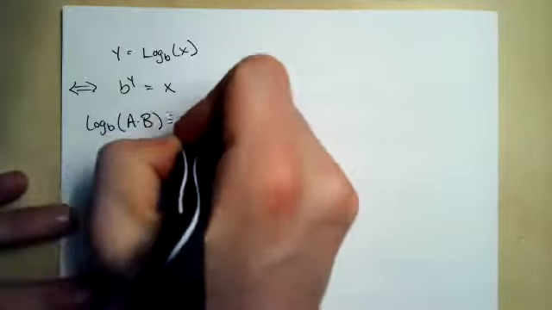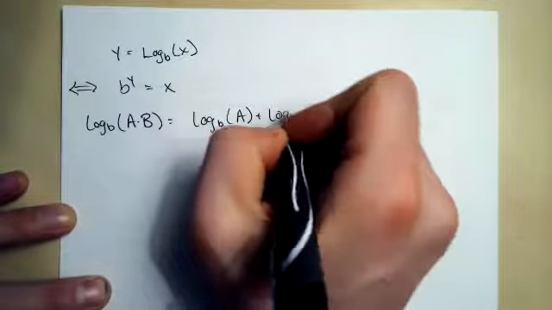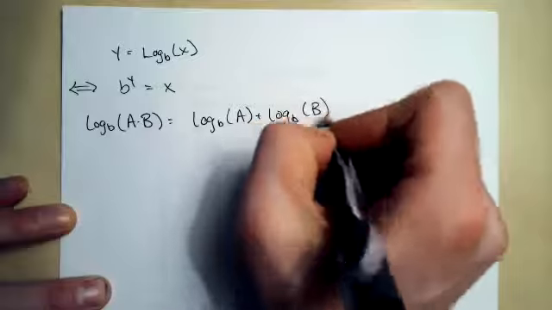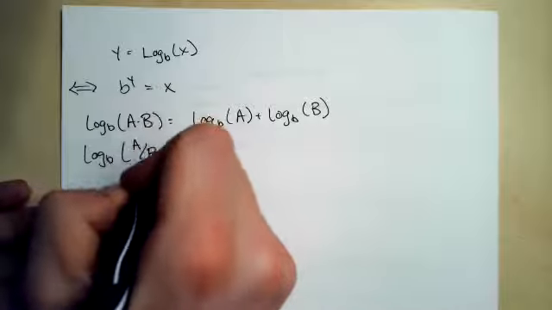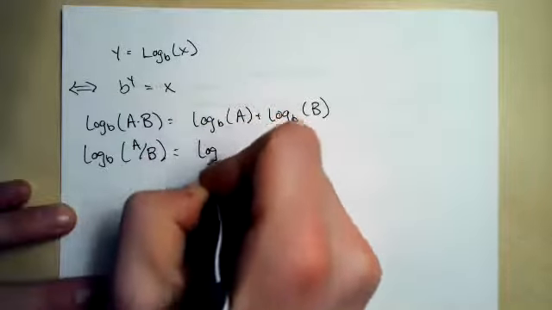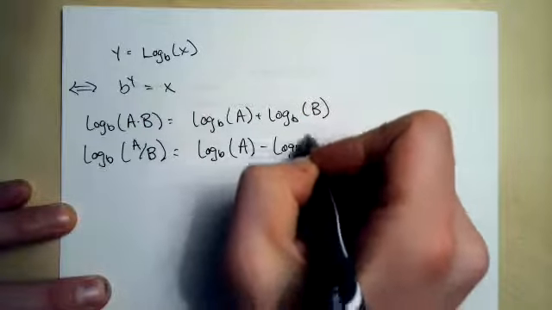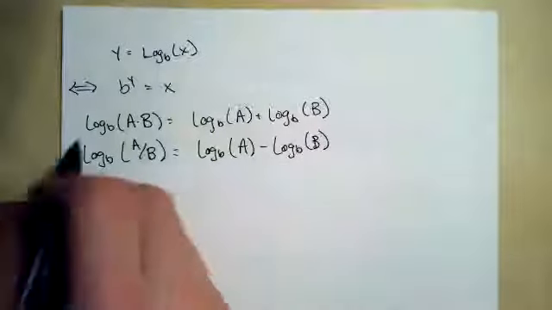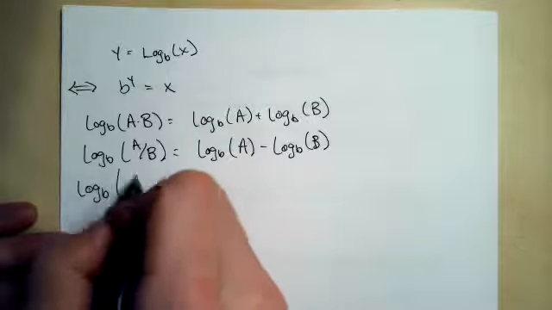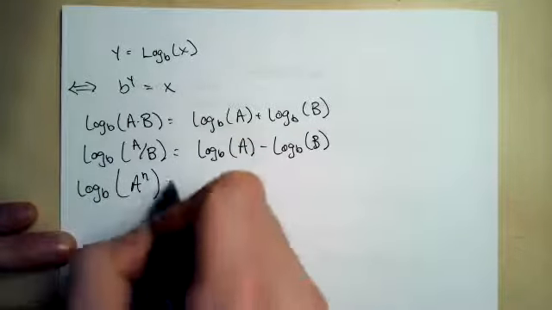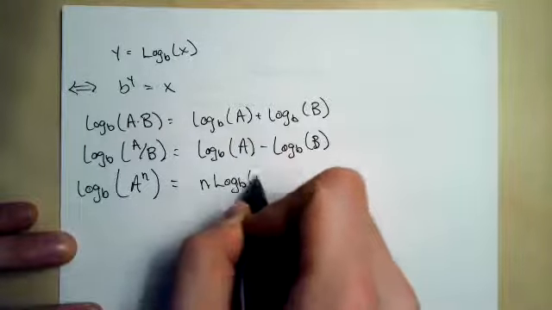Product inside the logs, the sum outside of logs. Quotient inside the log, the difference outside of the logs. And then likewise an exponent inside the logs turns into multiplication outside the logs.